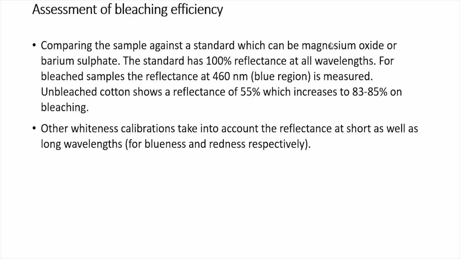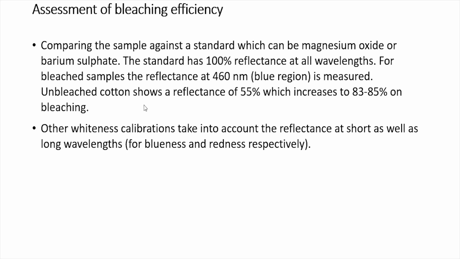So this magnesium oxide produces 100% reflectance at all wavelengths. For bleached samples, the reflectance at 460 nanometers is used. So that is the blue region.